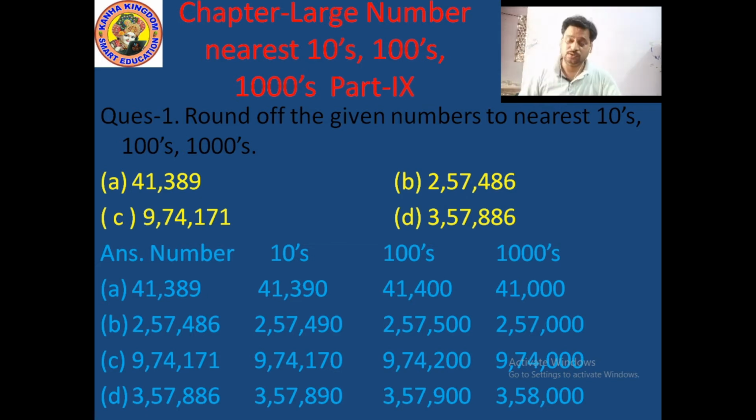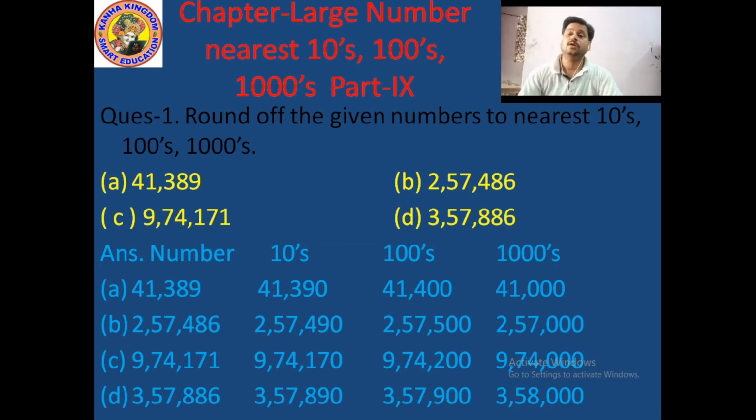But second rule, if the 100 place is greater than or equal to 5, you convert the 100, tens and ones places into 0, and add one number in the 1000 place, and the rest are the same.